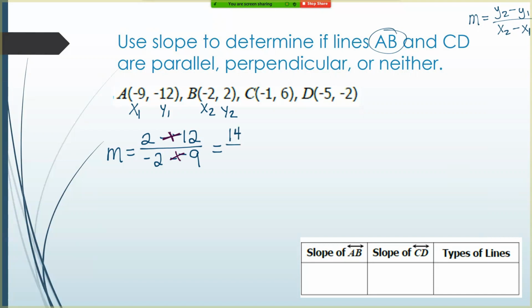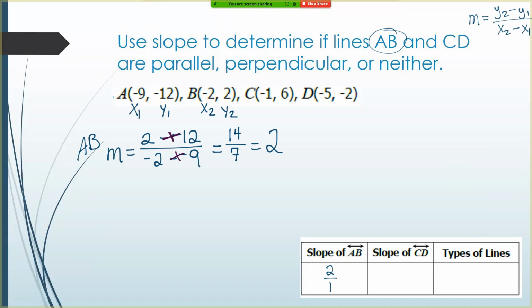And negative 2 plus 9 is 7. 14 divided by 7 is 2. So the slope of AB is positive 2. Yes, 2 over 1 is the same. Yep. If you want to go ahead and just write it as a fraction, that's fine. So 2 over 1.